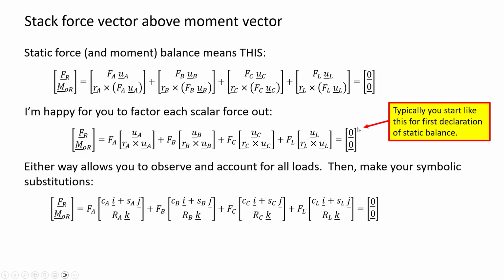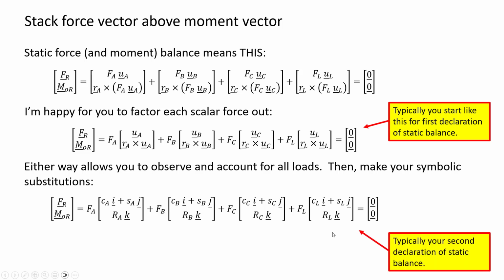So this is what I like for you guys to show. Start with this. Show me that you understand that these 4 loads are what's applied to the body, plus, plus, plus, plus. Then you make your symbolic substitutions. This really helps so that you don't have any sign errors.